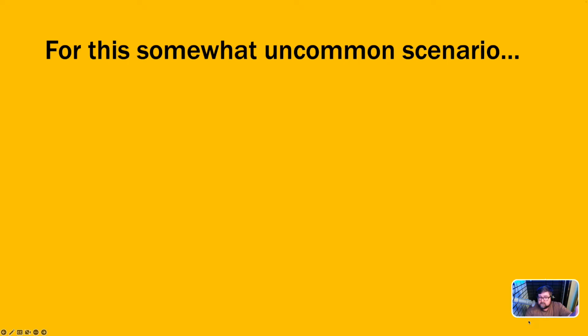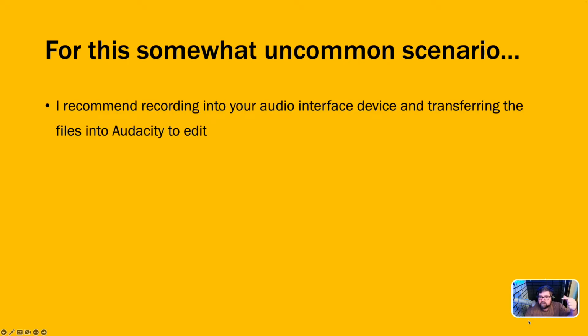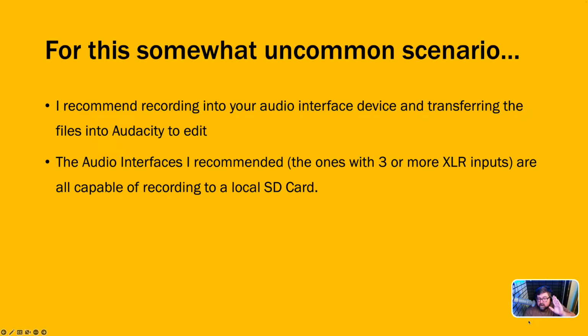But if this is you, I recommend recording into your audio interface device and transferring the files to Audacity later to edit. The audio interface devices I recommended, the ones with 3 or more XLR inputs, so the PodTrack P4, the PodTrack P8, and even if you decided to go with a Rodecaster, all of these can be used as audio interface devices, but they can also stand alone as recording devices.